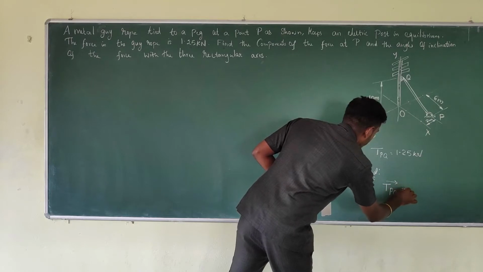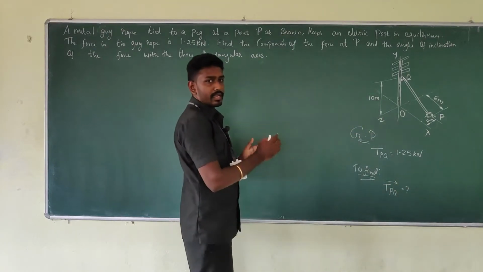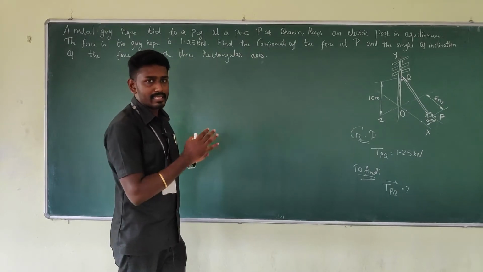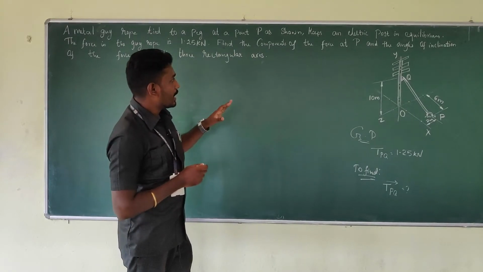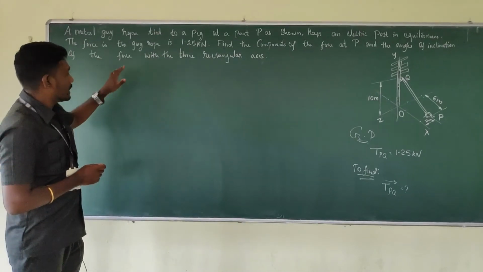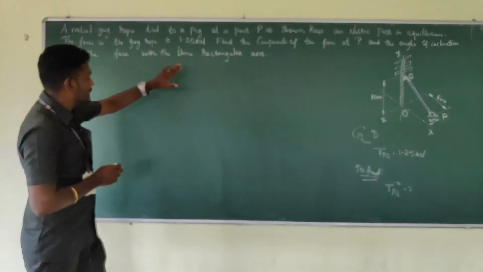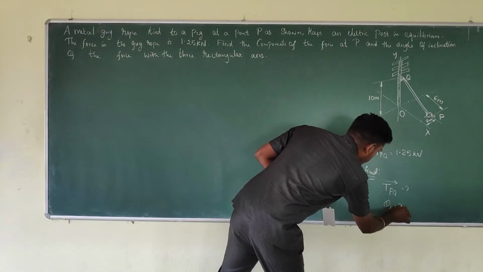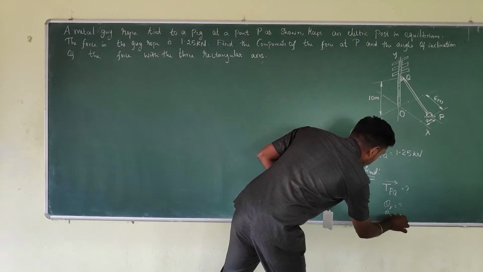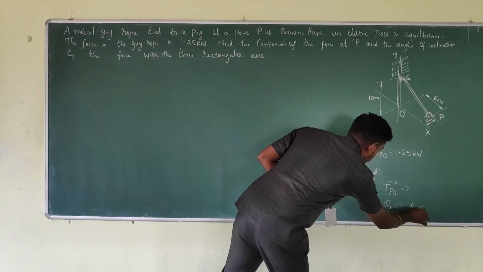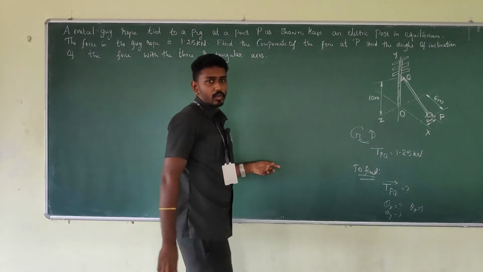So for that we need to find the force T in the X direction, in the Y direction, and in the Z direction, all the components. And also we have to find the angles of the force with the three rectangular axes, particularly theta X, theta Y, and theta Z. These are the three we need to show.